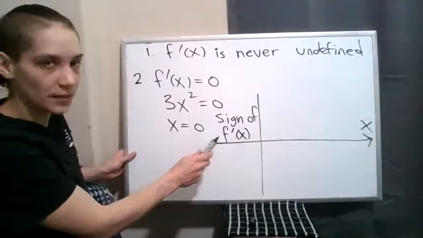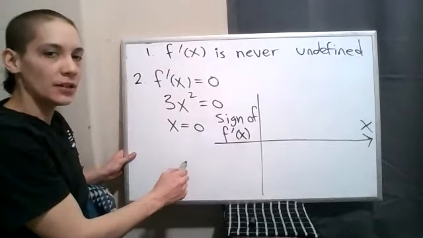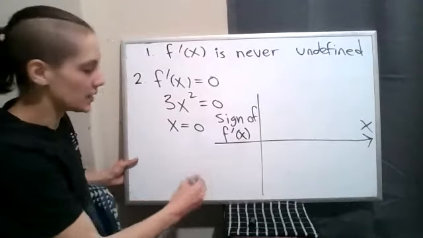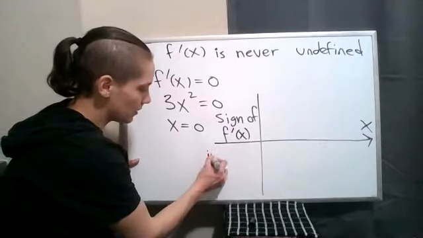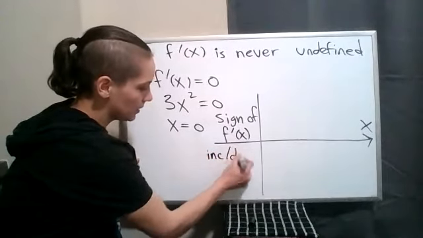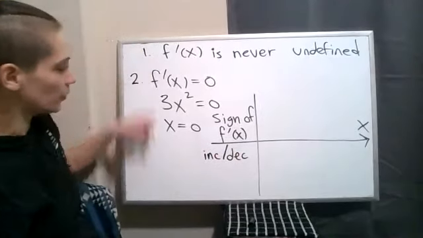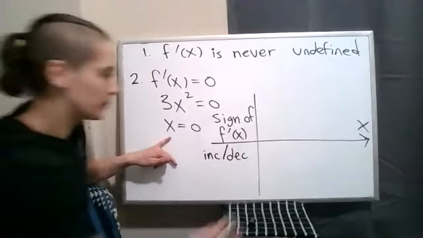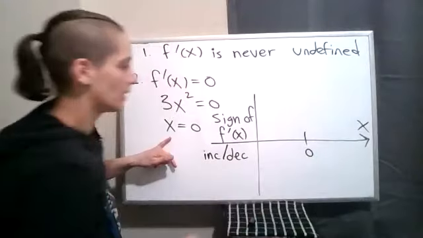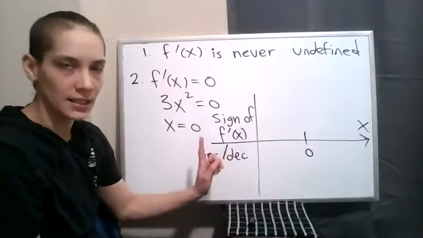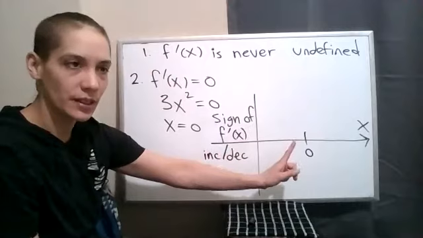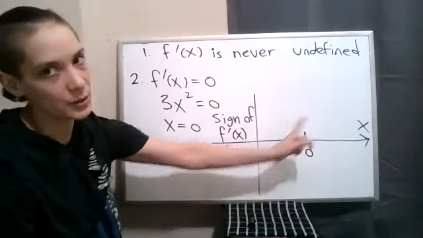When you look at f prime, we're considering increasing and decreasing, so intervals that the function increases on or decreases. We plot this critical number, 0, and the interval is negative infinity to 0, and another one from 0 to infinity.